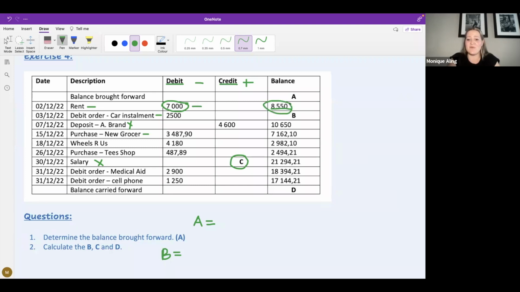So to get A, we had to do the opposite. We had to take the 8,550 plus the rent to get what A was. Okay, so our answer should be 15,550. Is everyone happy with that answer?